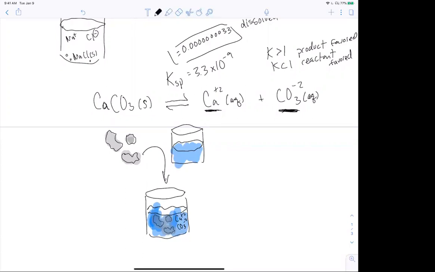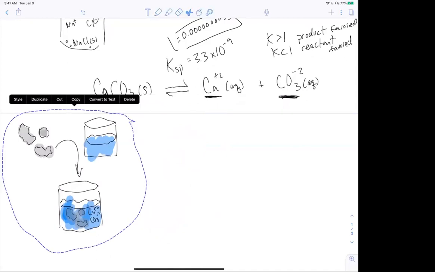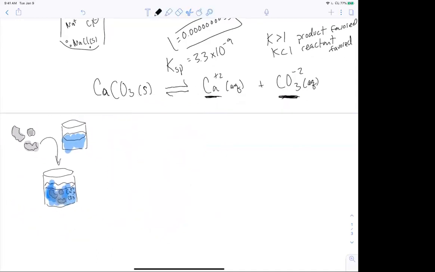But so we can do some calculations with this. So one thing to note is that we can write out our K expression for this.